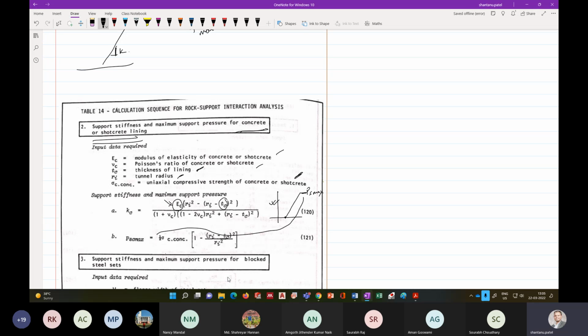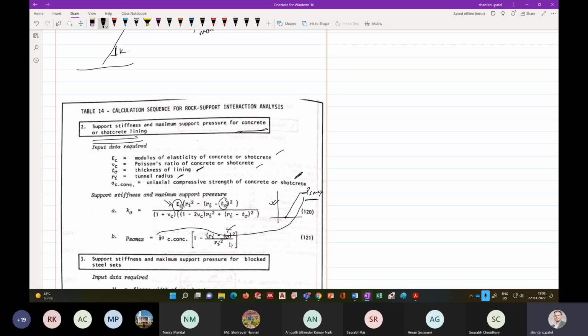Is this okay? Anybody who did not understand this? So if you want a higher peak PS maximum, then you increase this value of TC.